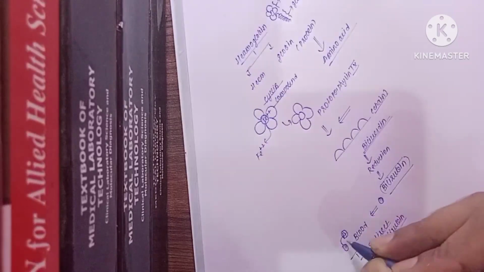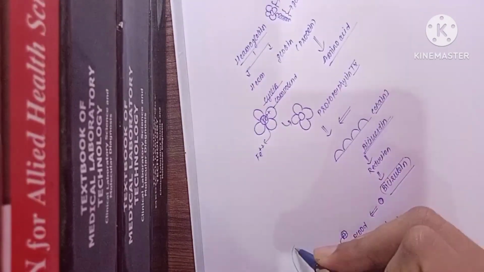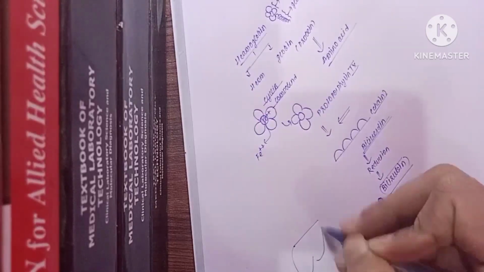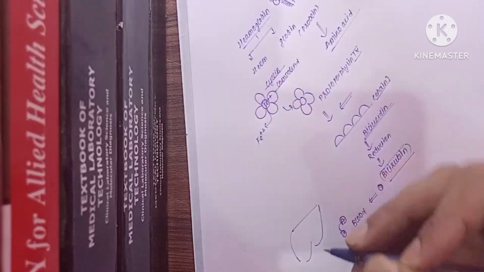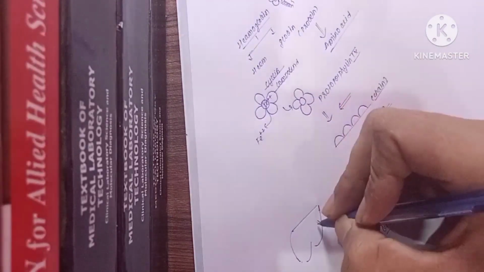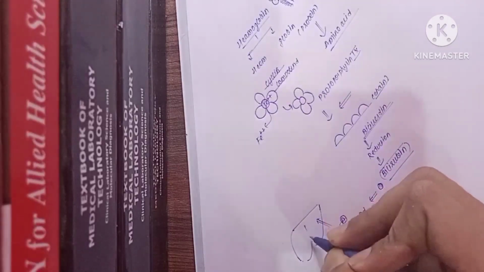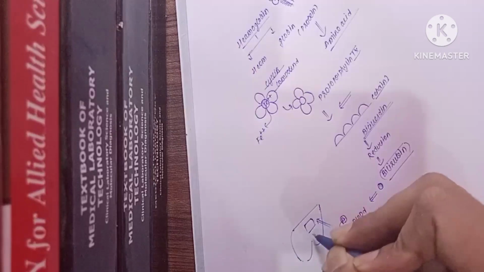Then this thing reaches our liver. This is a liver, right? This bilirubin reaches our liver, and in our liver we have hepatocytes. So let me draw a hepatocyte here, like that.